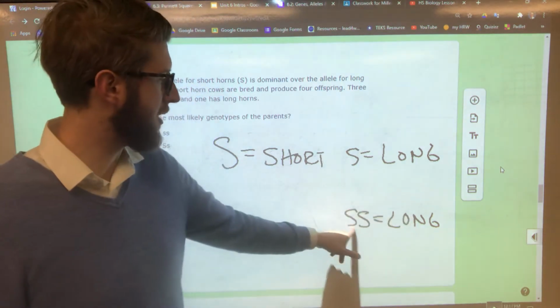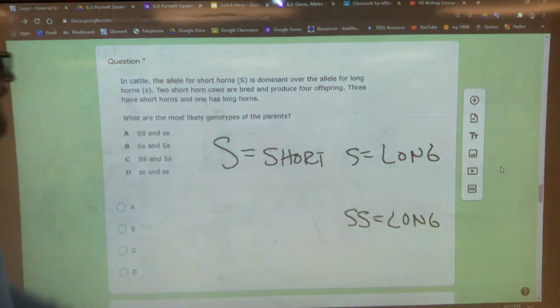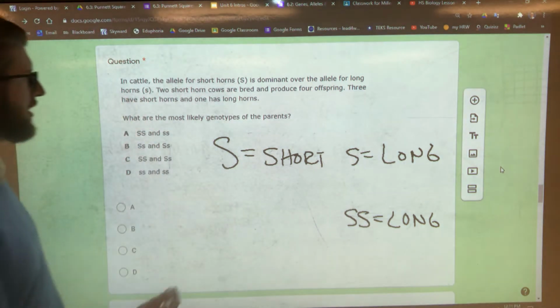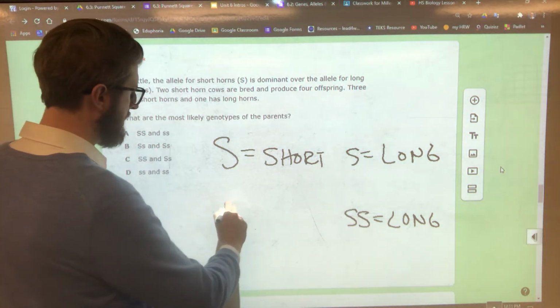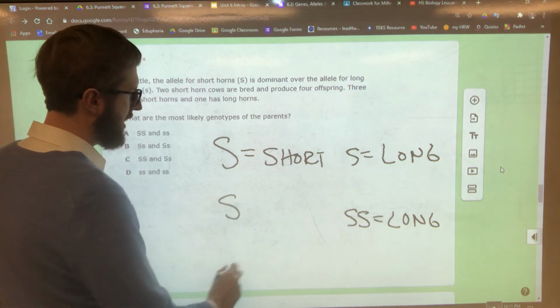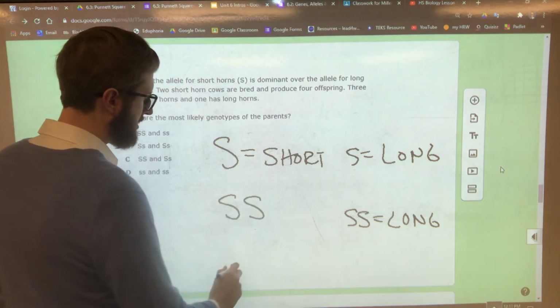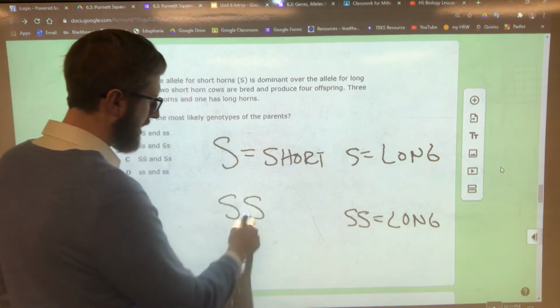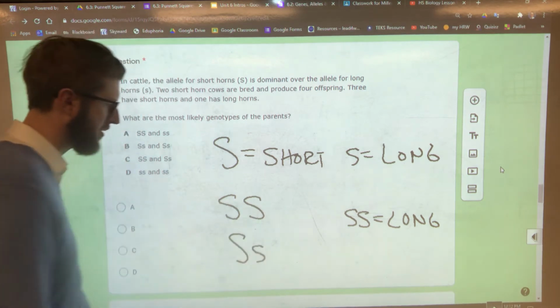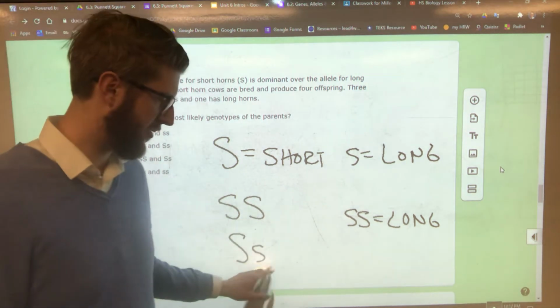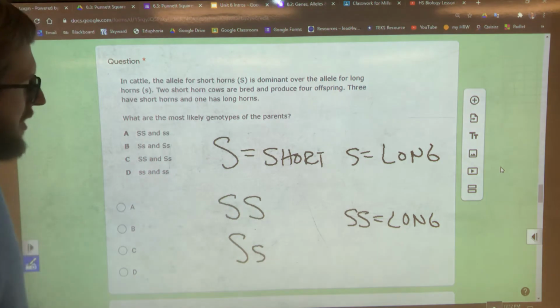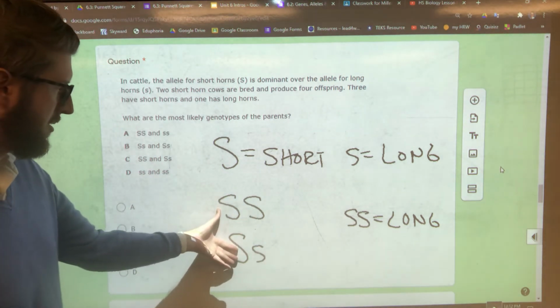So one of the 4 kids is little s little s. Now the other 3 are going to be either big S big S or big S little s. I know it's hard to tell the difference. That is a little s, okay? So that's going to be the other kids.